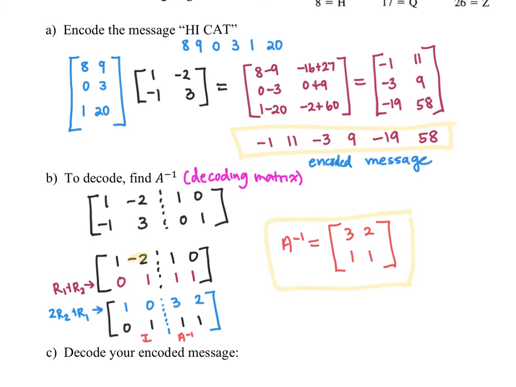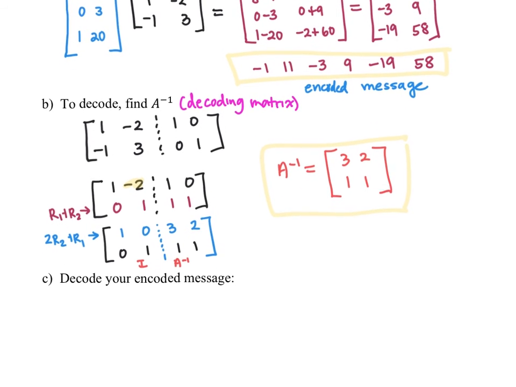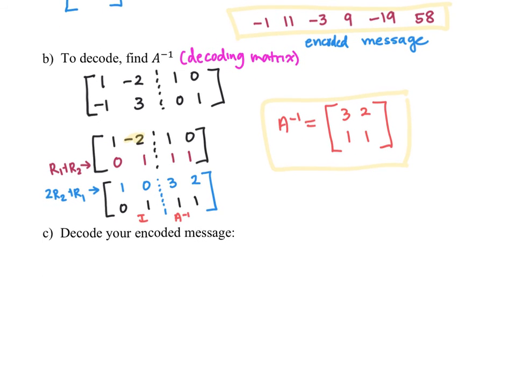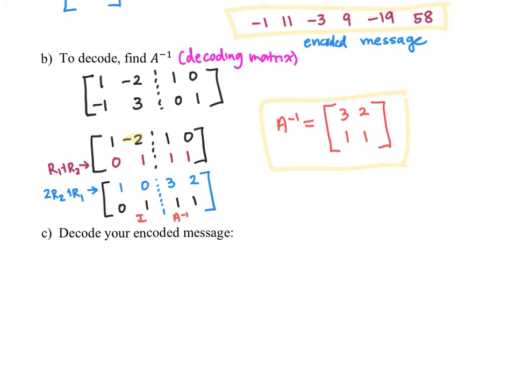Now that my friend Kat has found the decoding matrix, they're going to decode the message I sent them, because they don't know what I wrote yet. Because the decoding matrix is 2 by 2, they're going to rewrite the encoded message in 2 columns, left to right: -1, 11, -3, 9, -19, 58.